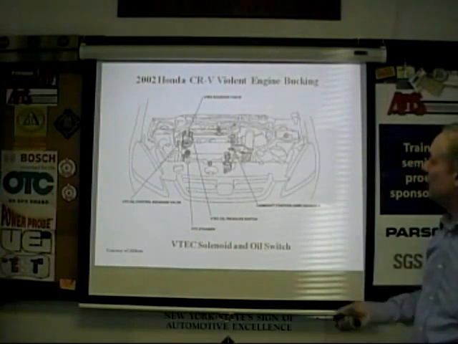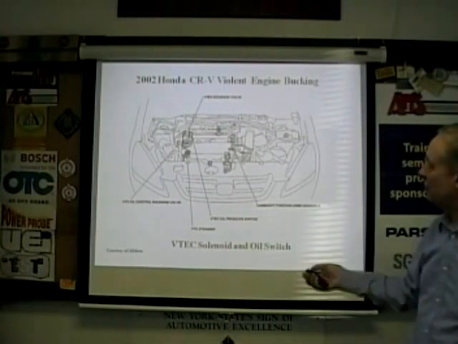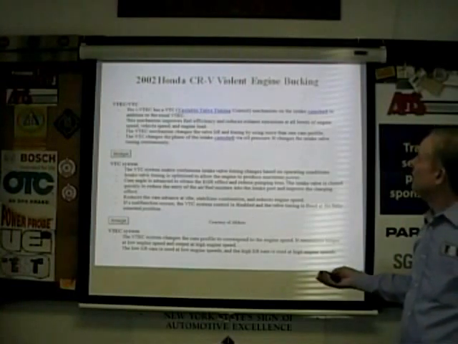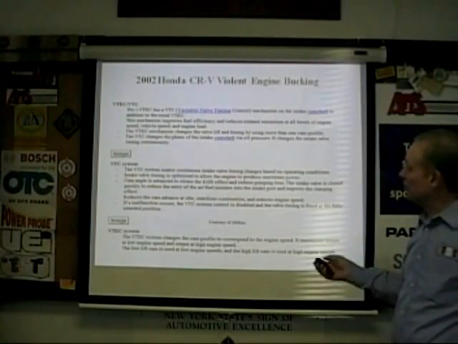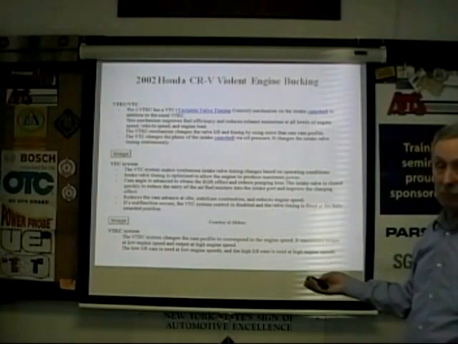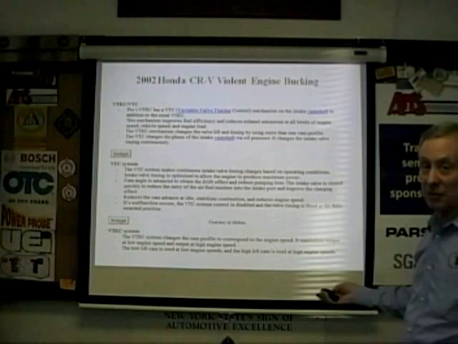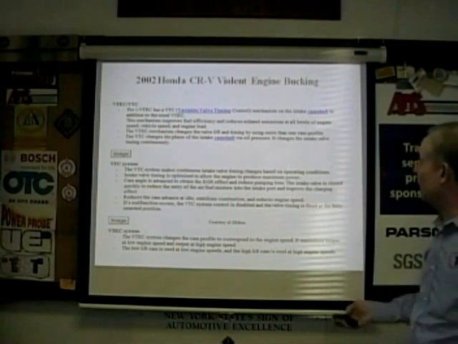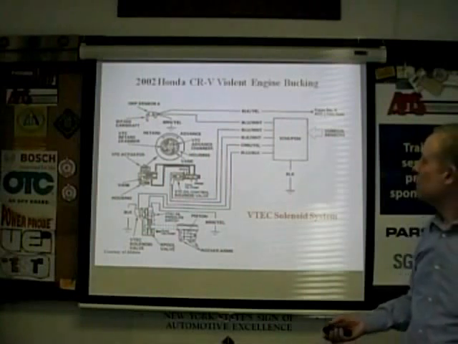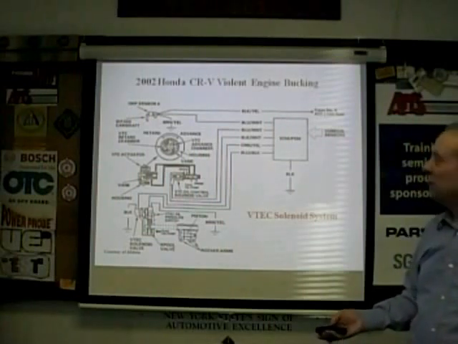Now this is a schematic of where it is in the car. All Data, again, courtesy of All Data. You have to have good information in your shop. This is a description of how the system works. We don't have to go through it, but if you were following this procedure, you would look at that and make sure you understood system parameters and how it functions. This is very similar to a Vanos system.